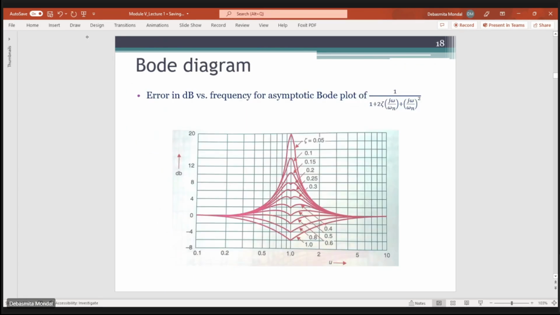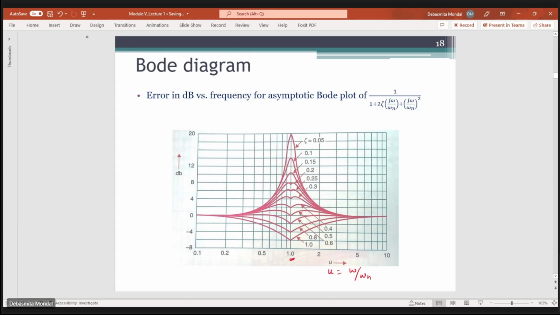Now if you see the error in dB versus the frequency for this asymptotic plot, as the value of zeta is decreasing, the error at the corner frequency increases. Here U is defined as omega by omega n.